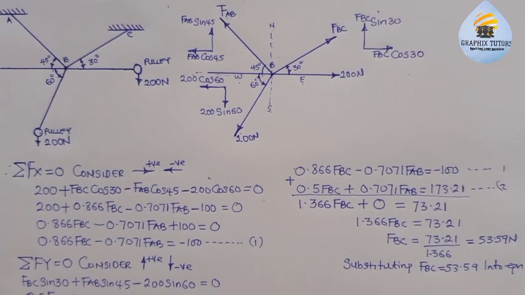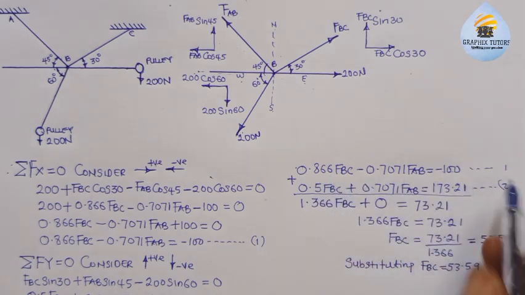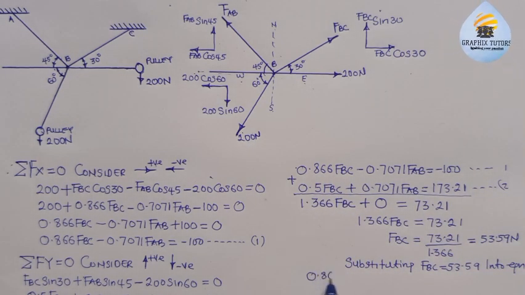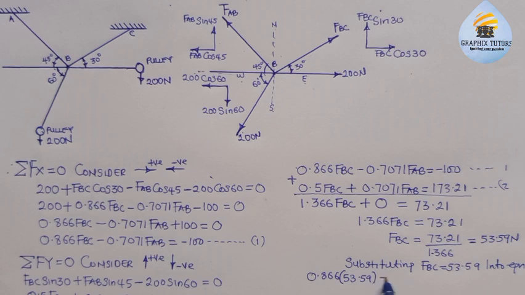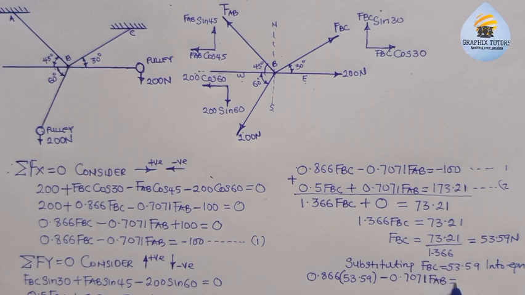I'm going to be having 0.866, and instead of writing FBC, I'm going to put 53.59, right? Now minus 0.7071 FAB equals to minus 100.